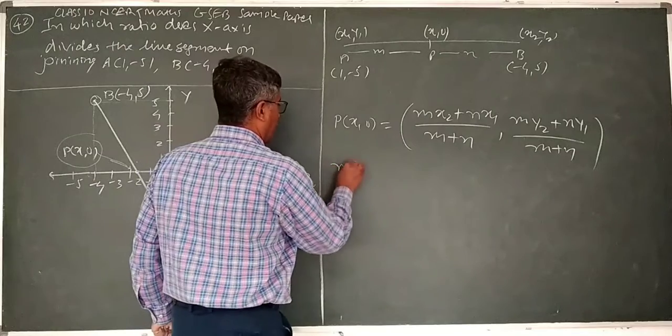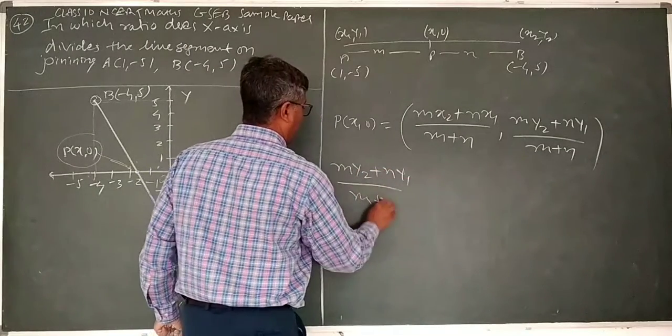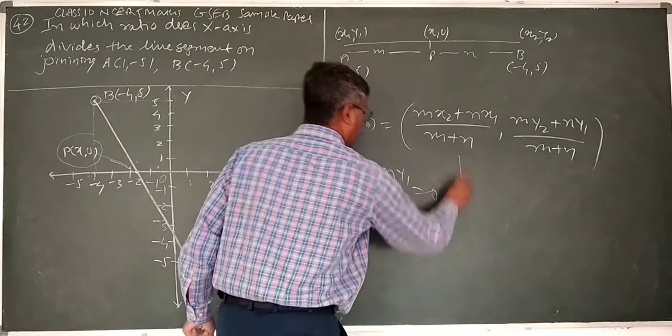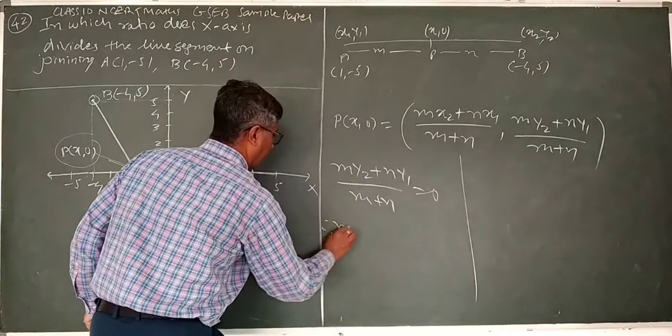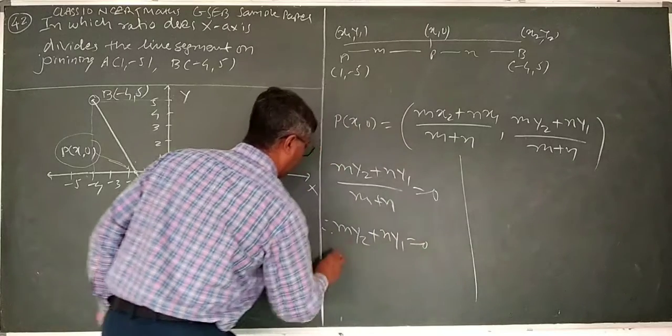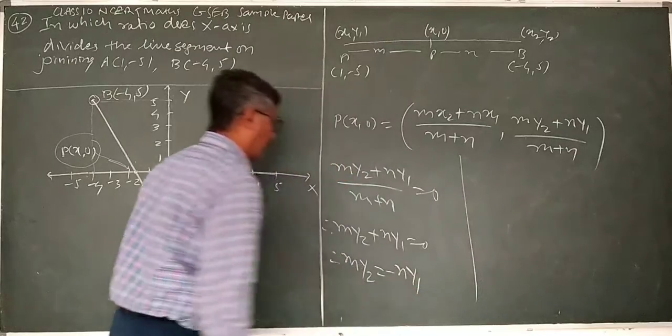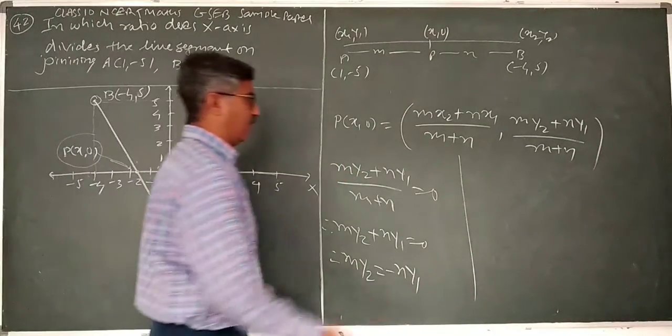So (my2 + ny1)/(m + n) equals 0. Therefore my2 + ny1 equals 0, therefore my2 equals -ny1.